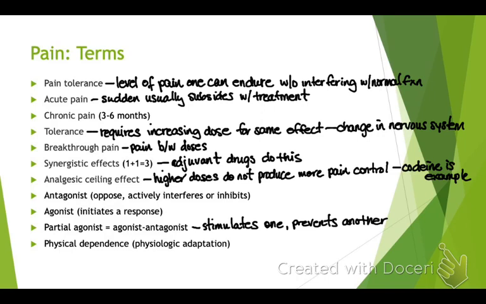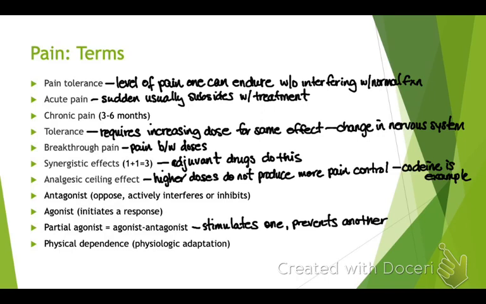A partial agonist usually binds to a pain receptor, but it causes a weaker neuroresponse. So one stimulates one but prevents another. And then you have a physical antagonist, which binds to a pain receptor but exerts no response.